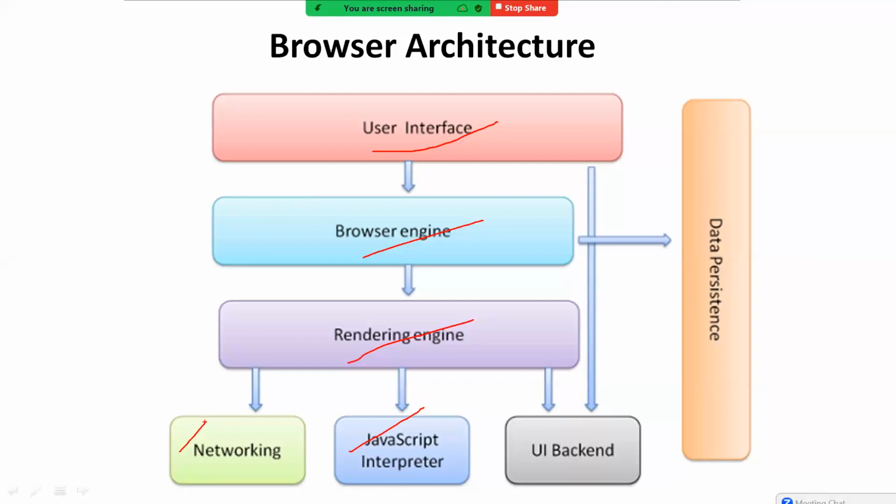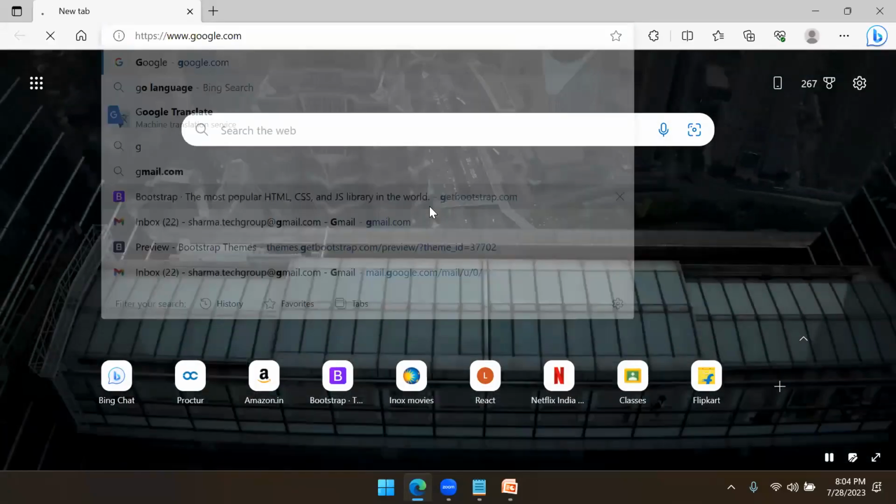Every browser contains a UI. Every browser contains an engine. It contains a JavaScript interpreter. And it contains backend, networking and data persistence. You can see here, for example, suppose I'm accessing Google.